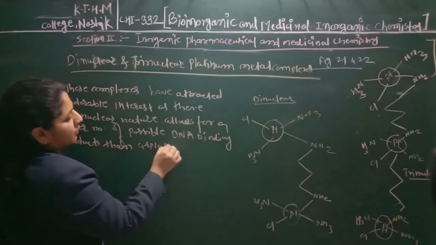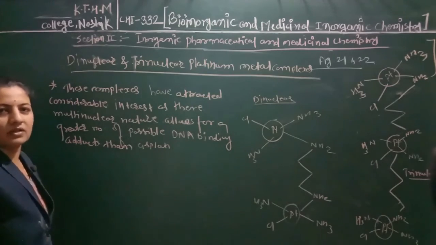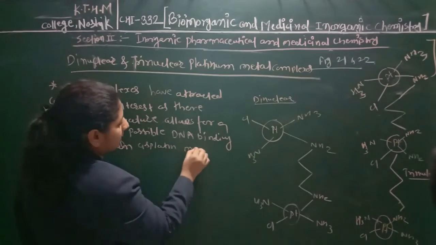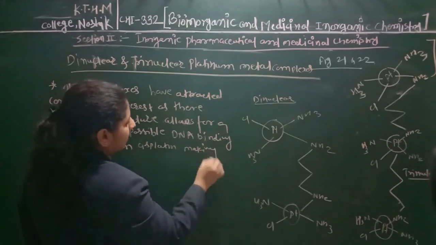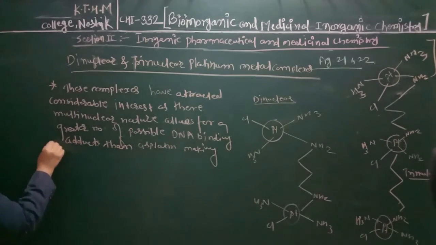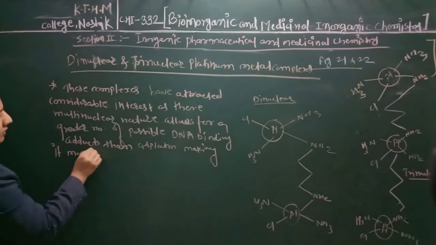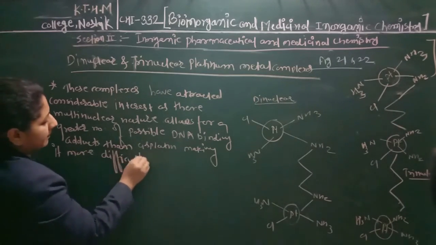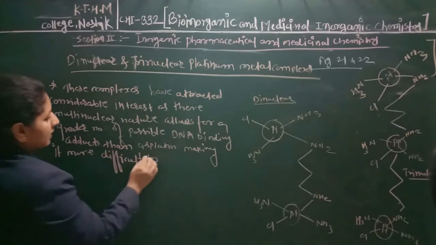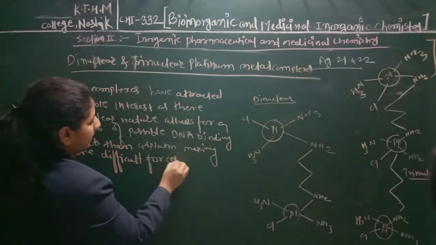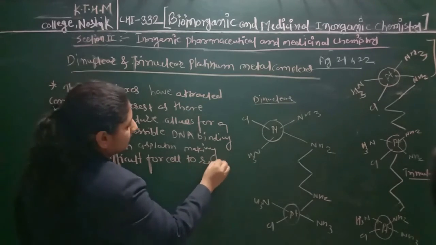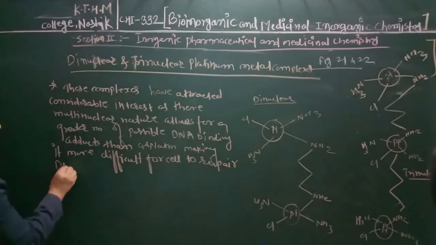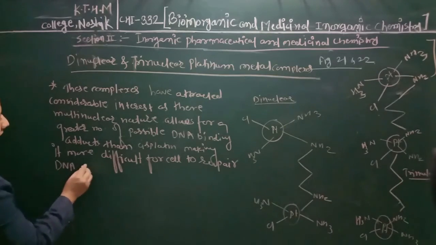As cisplatin is mononuclear, having a single nuclear center, it is more difficult for the cell to repair the DNA damage.